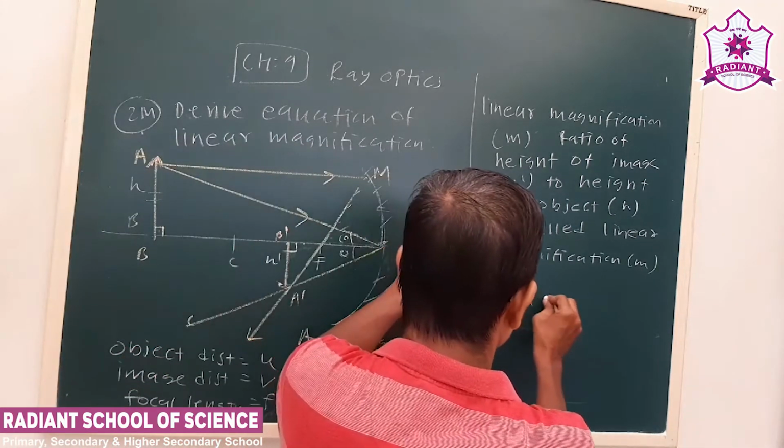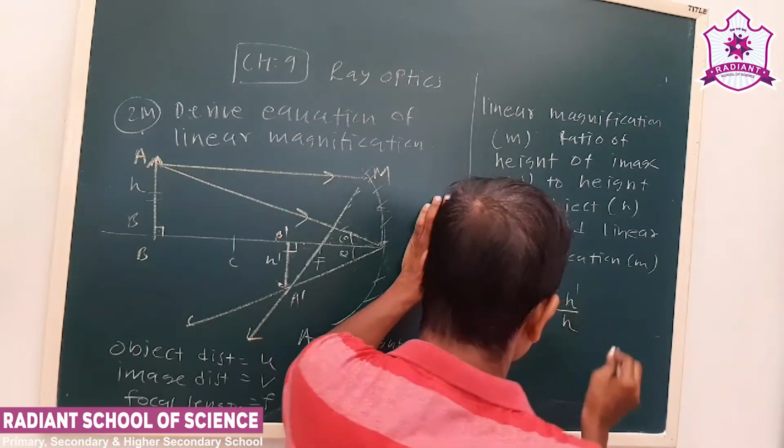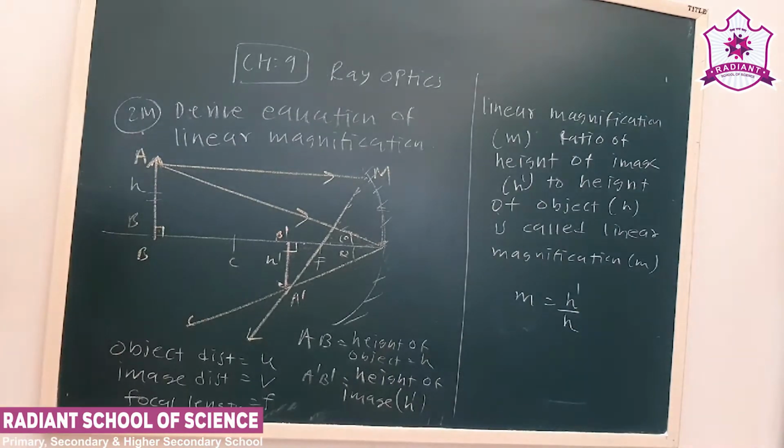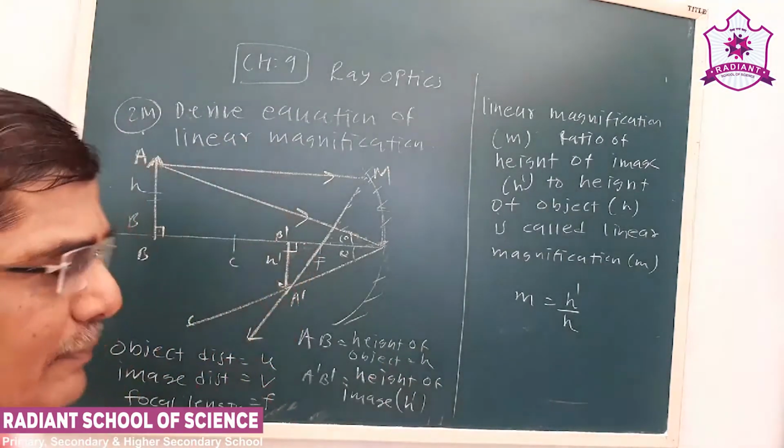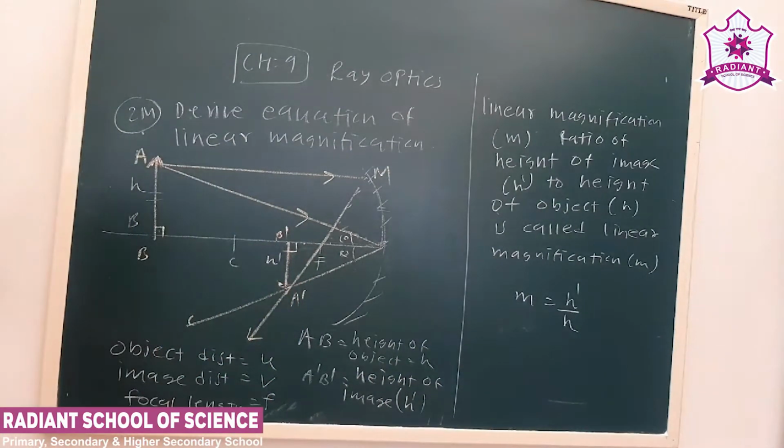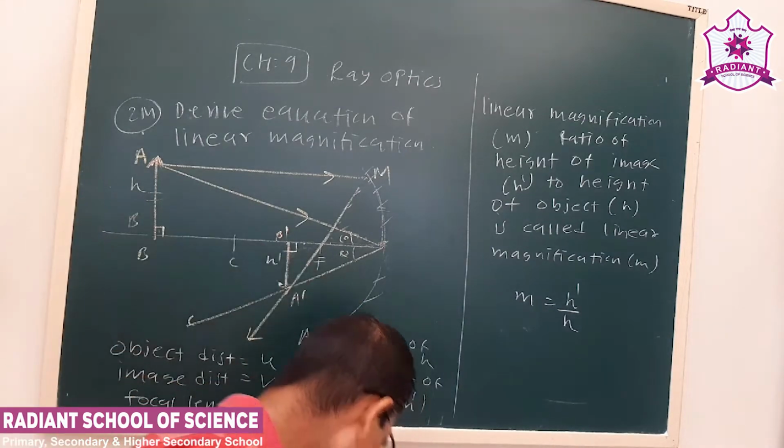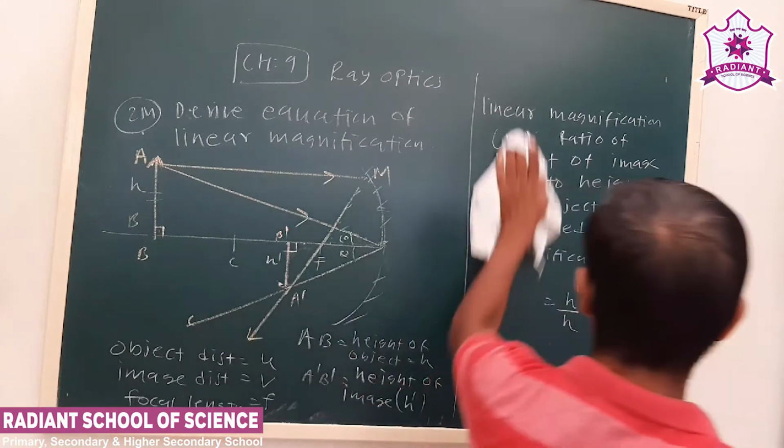So we can write M is H dash by H. Now, to derive the formula for the linear magnification, we use the same diagram we used for deriving the Gaussian formula or the mirror formula.